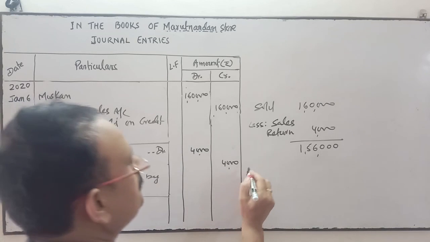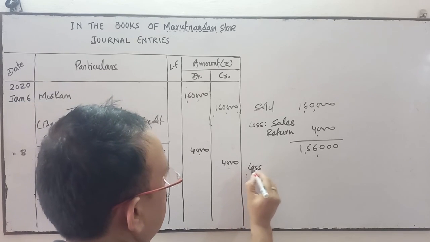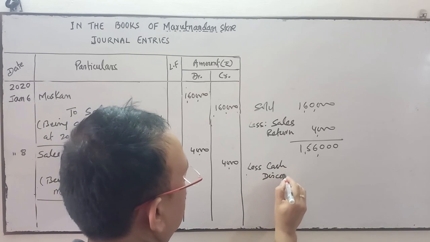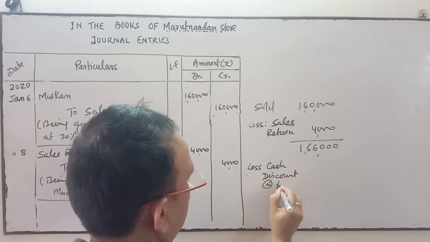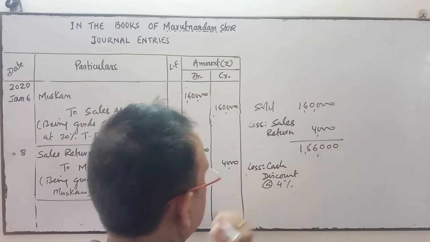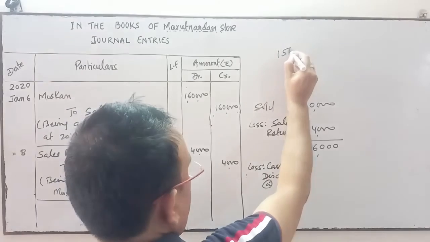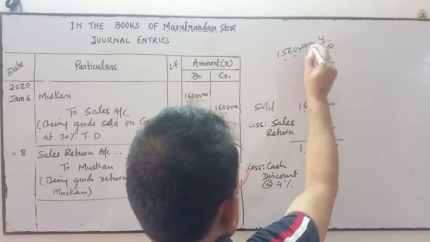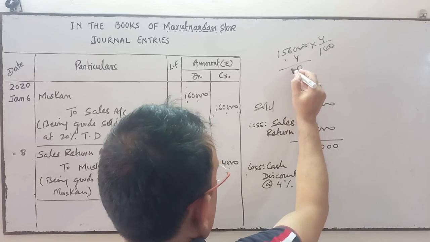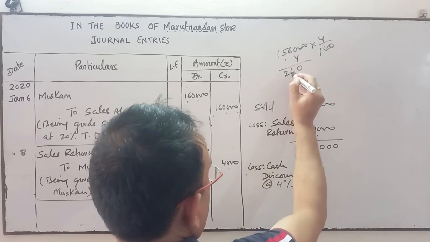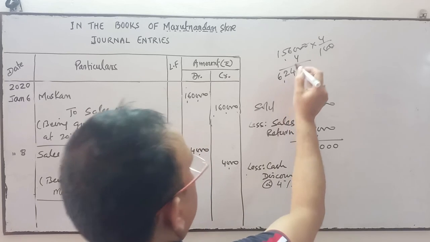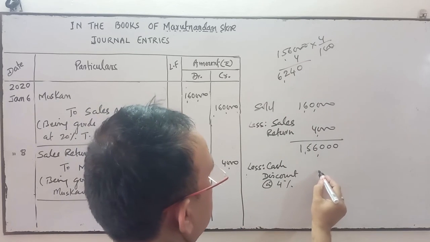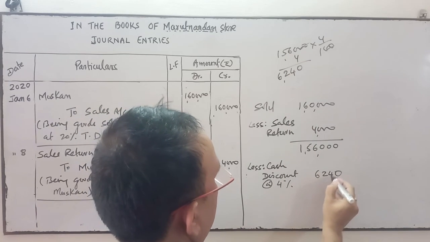So less cash discount at the rate of 4%. 4% of 1,56,000 is 6,240.